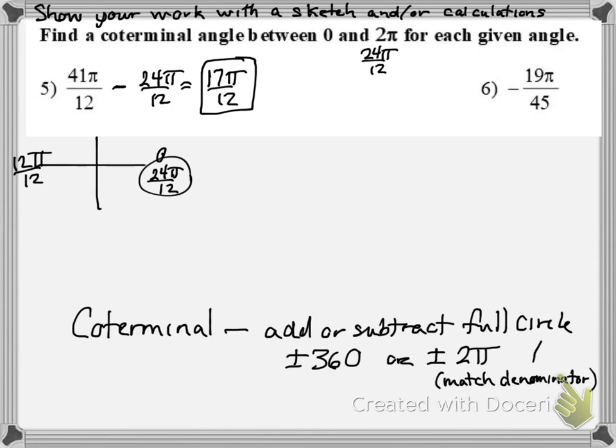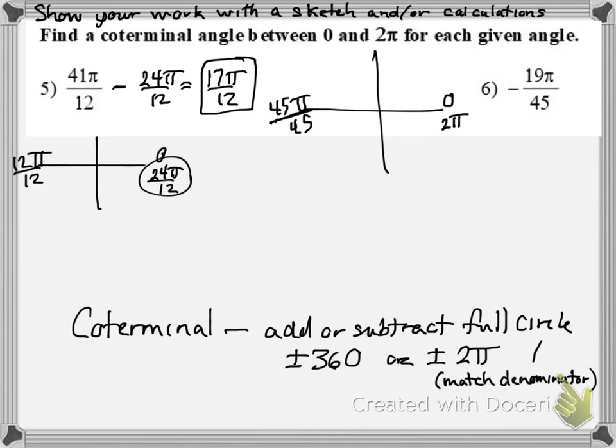The next one has a 45 on the bottom. So I'm going to start with sketching a picture. And for my picture, I'm going to say 0, pi, 2 pi. Because this has 45 on the bottom, I'm going to call my 1 pi 45 pi over 45.